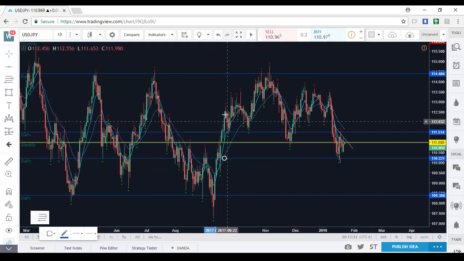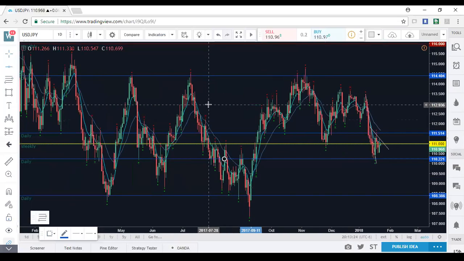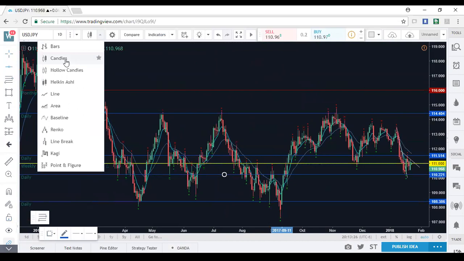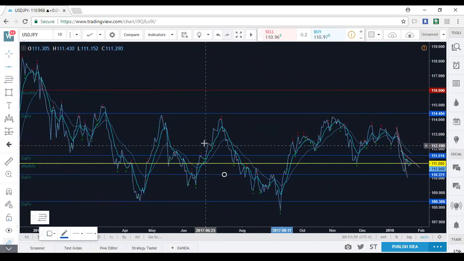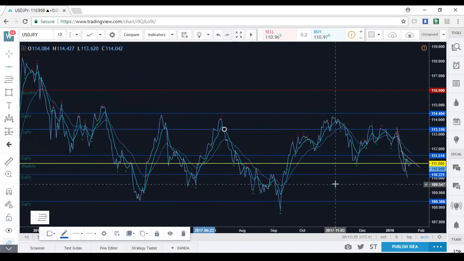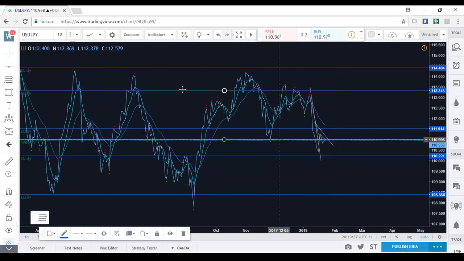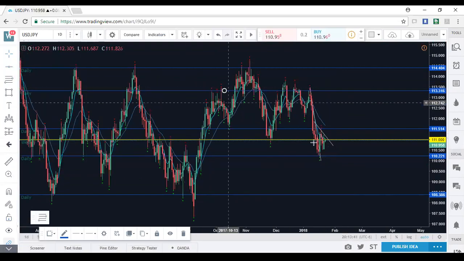Next, I would probably do, and again, if you're unable to see it at first, switch to a line chart, because it shows you some different stuff. And then just go back to your candles.